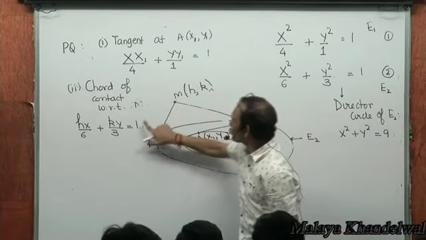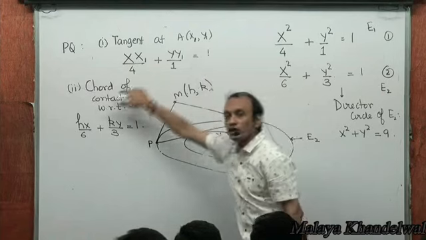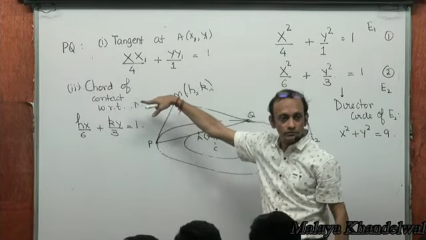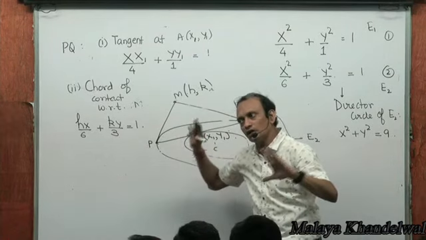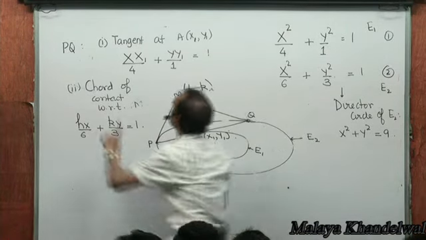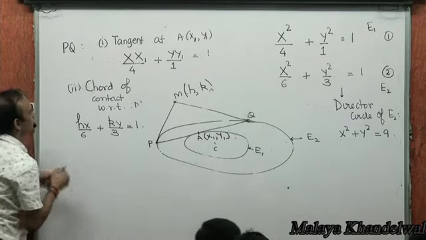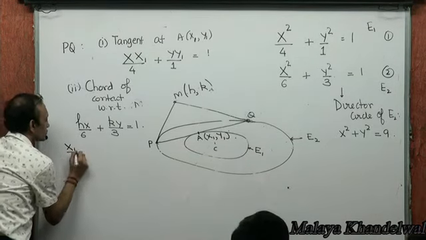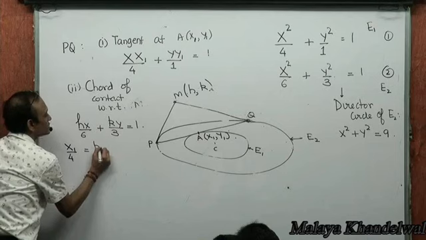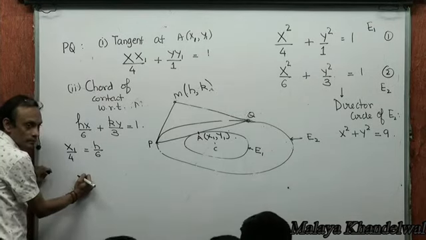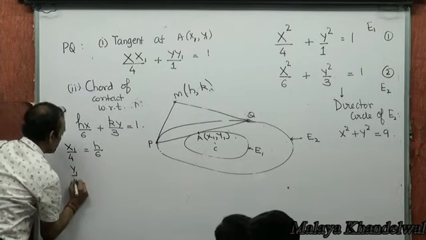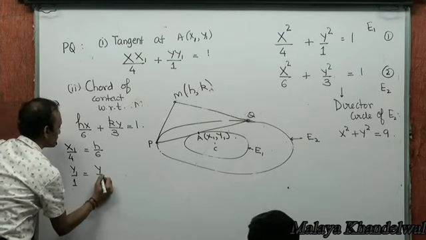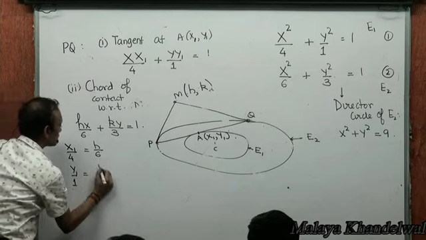Since the constant term is equal, all other coefficients must be equal. That means equating the coefficient of x, x1 by 4 must be equal to h by 6, and y1 by 1 must be equal to k by 3.